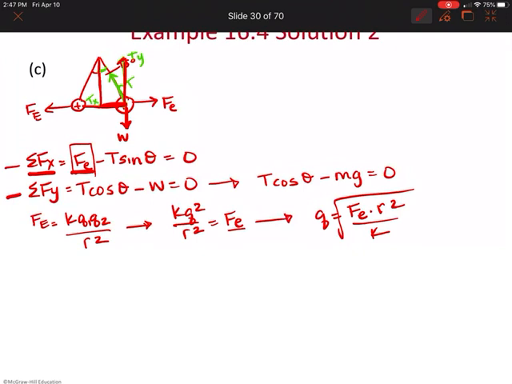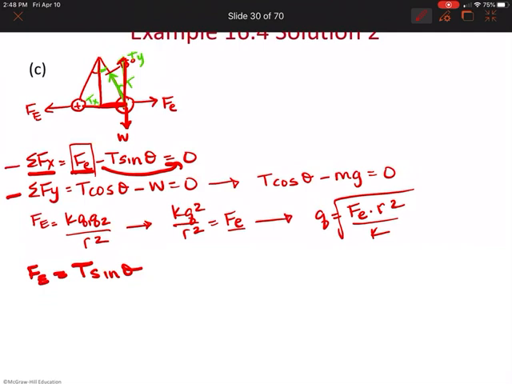So I'm going to take the electrostatic force and move this tension over, so it'll end up being tension sine theta. I just added that over to the other side.